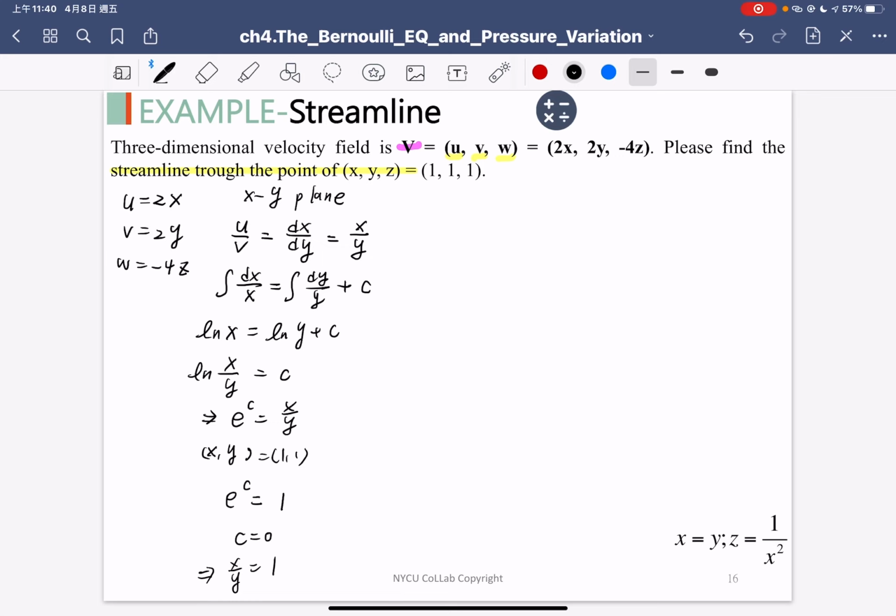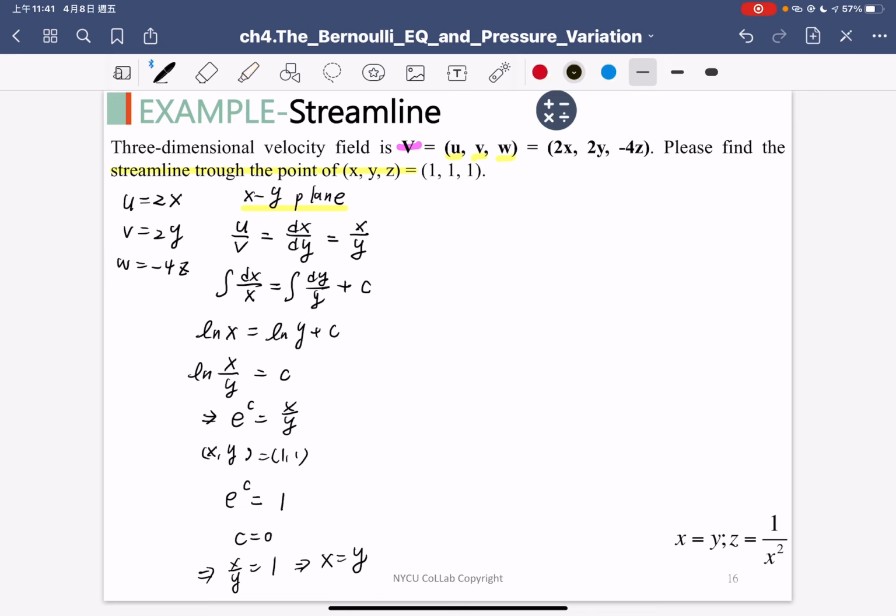So finally, x divided by y is equal to 1, shown here. That indicates x always equals y, right? So the straight line on the xy plane is always linear, because y equals x is a linear line, and the slope is 1.